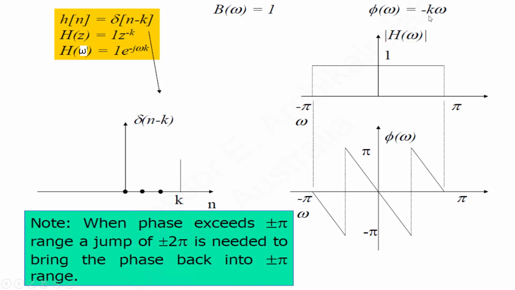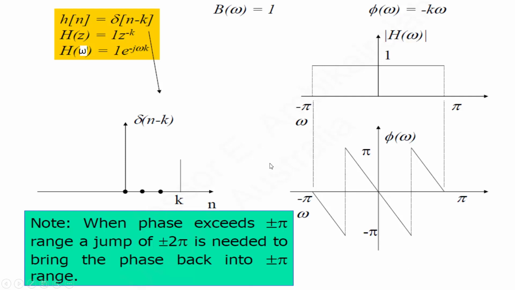The phase part has a negative slope going from this point to this point. It is a straight line, right? Now the point is that the phase value will never exceed either pi or minus pi. Whenever the phase value is trying to exceed pi, it will make a jump of 2 pi.